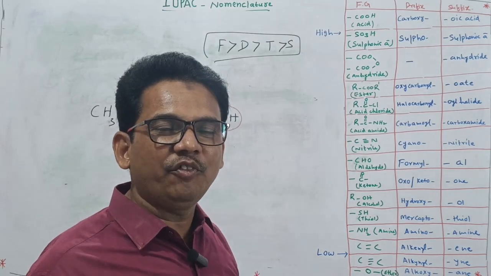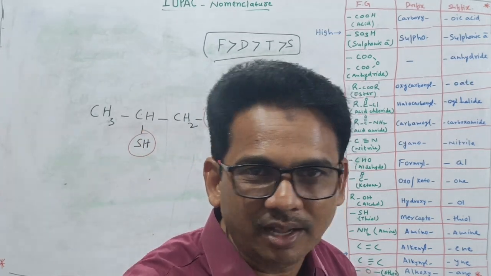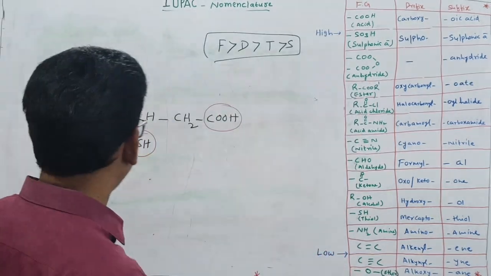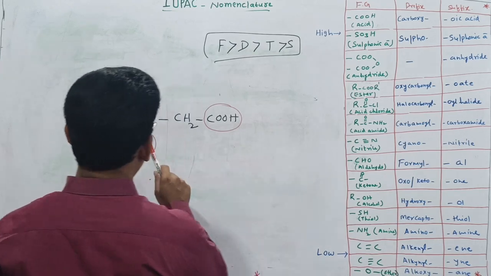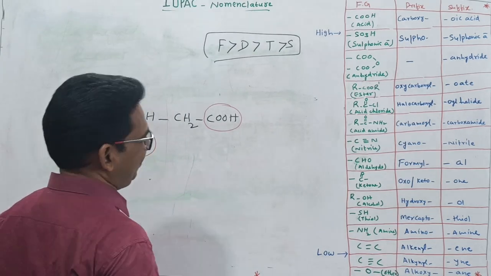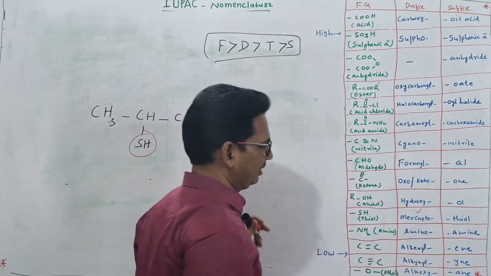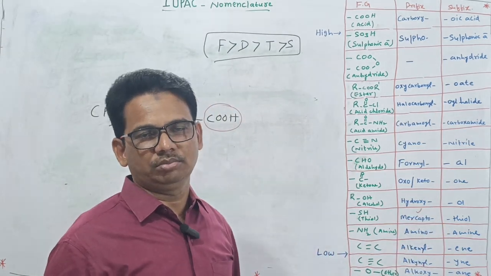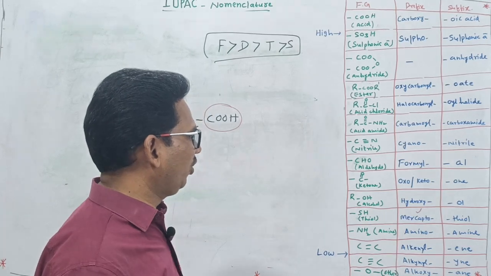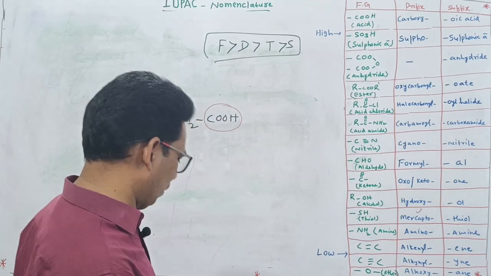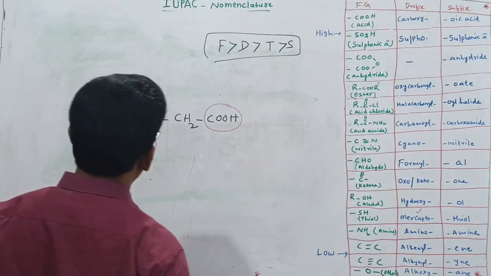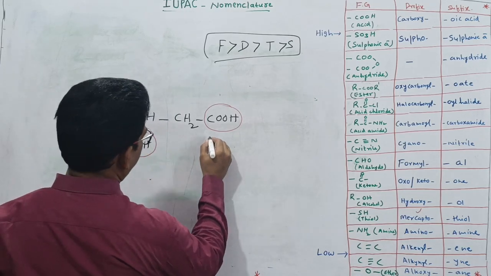The low priority group we write as the prefix only, not the suffix. Okay, that's why when the thiol group is not the suffix, what do we have to write here? Mercapto, not thio. What do we have to write? Mercapto.